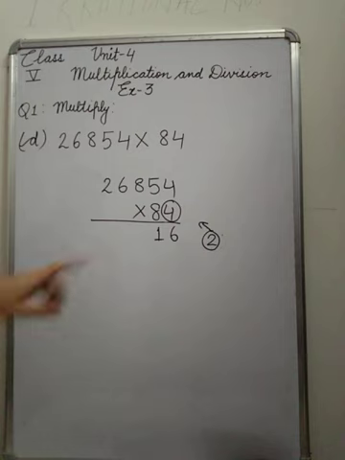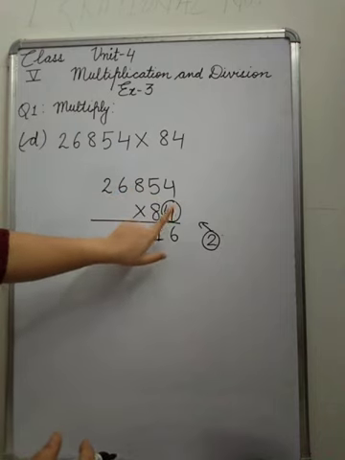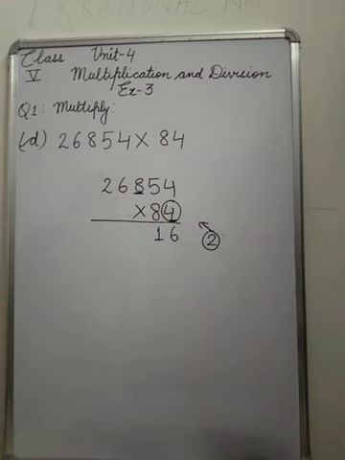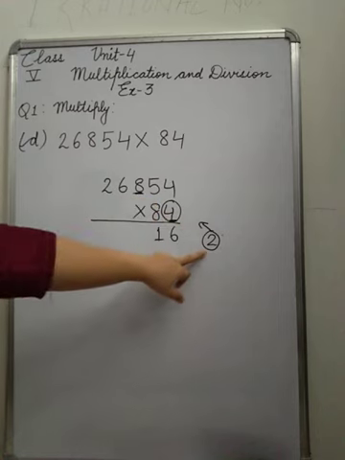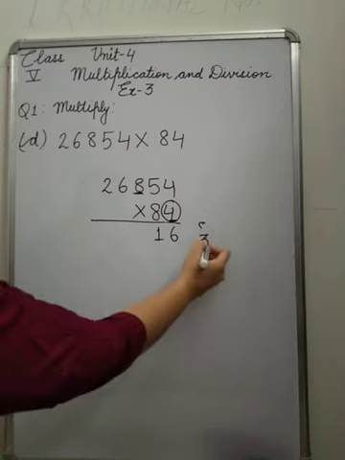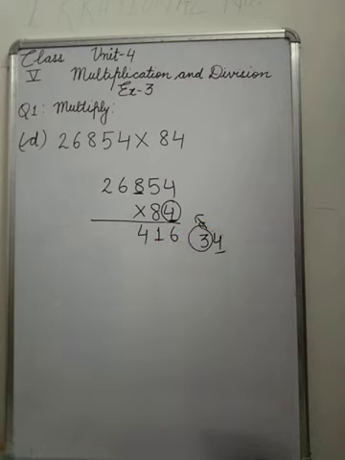Now 4 8s are 32 plus 2, that will be 34. That 4 will come here and 3 is carry.